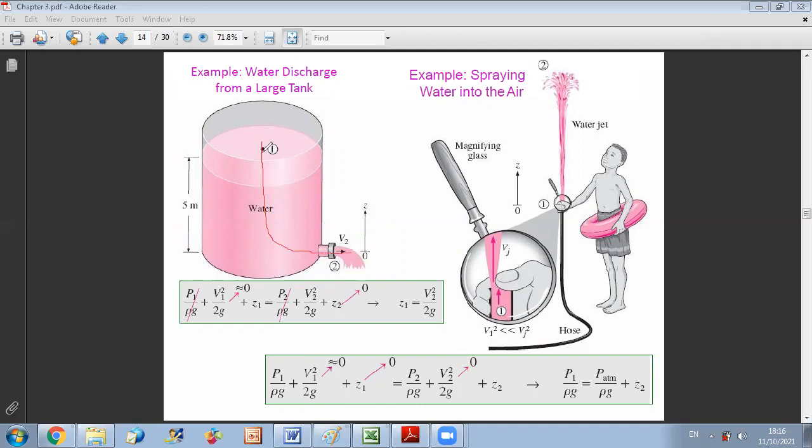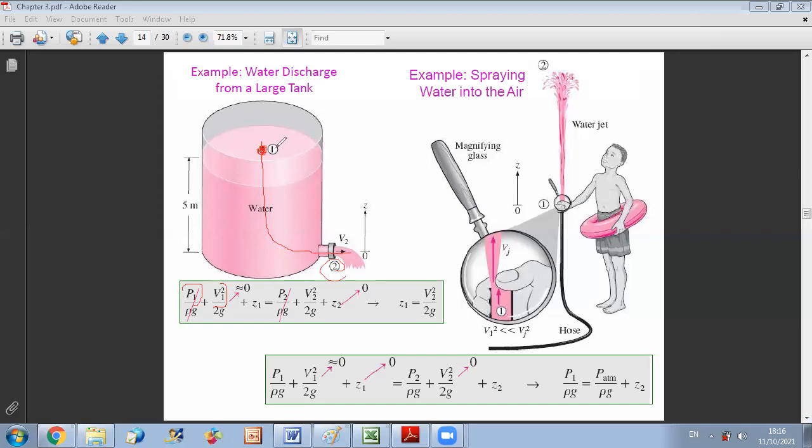If I start from point 1, I should know the following properties: P1, V1, and Z1. So P1 over rho g plus V1 squared over 2g plus Z1 equals, at point 2, P2 over rho g plus V2 squared over 2g plus Z2. Now, how can we simplify?